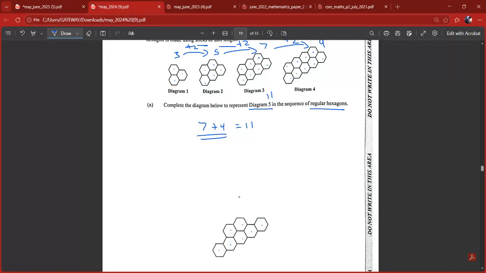I can put another 1 here. I could input 1 at the bottom here.